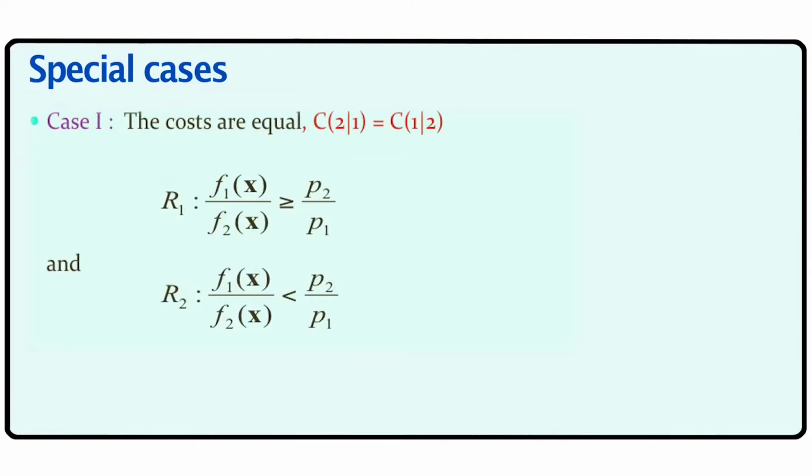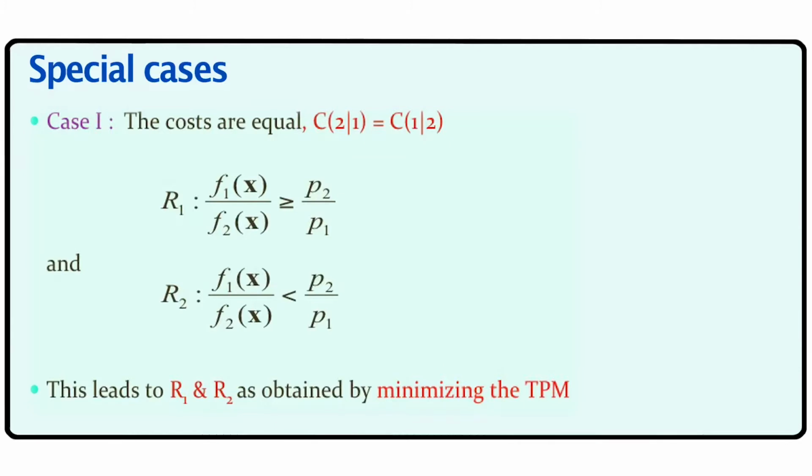If you look at how this result comes, it's basically when you take the costs equal, that is, you are ignoring the costs because they are equal. So what should this lead to? Obviously this should lead to the minimization of the total probability of misclassification. So the rule obtained by minimizing the total probability of misclassification comes out as a special case of the minimum ECM rule, where the two costs are equal.